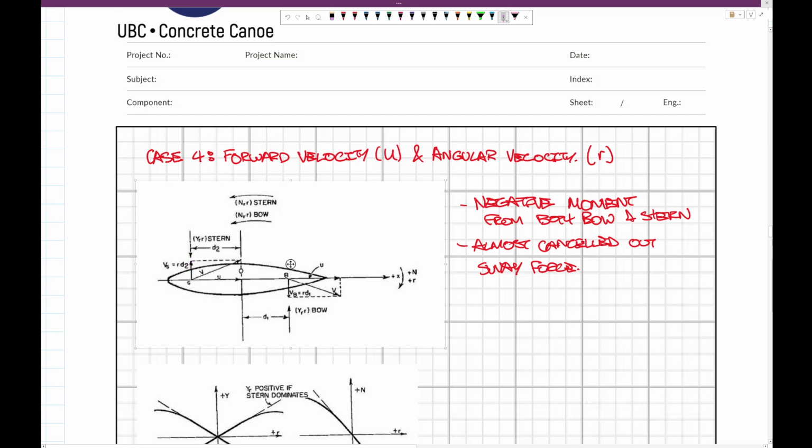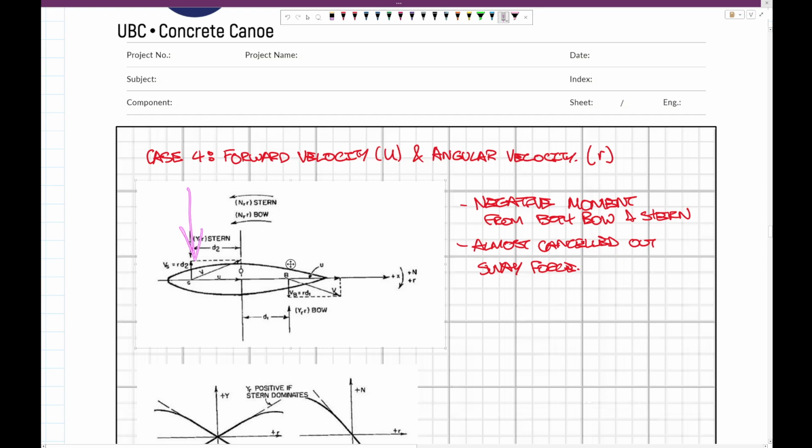If we're rotating, right? Obviously the bow wants to move in this direction, and then the stern wants to move in this direction. We're going to get some type of velocity this way, which is a negative velocity.